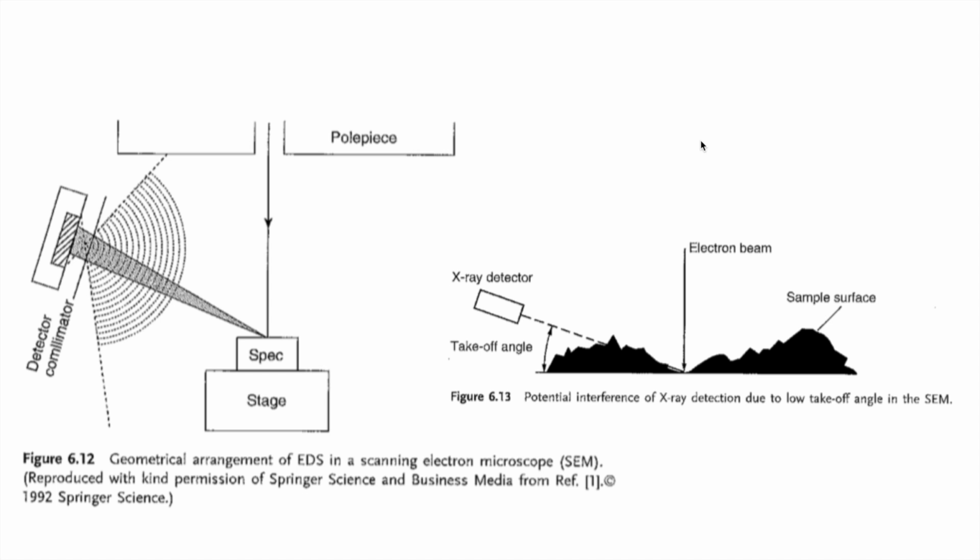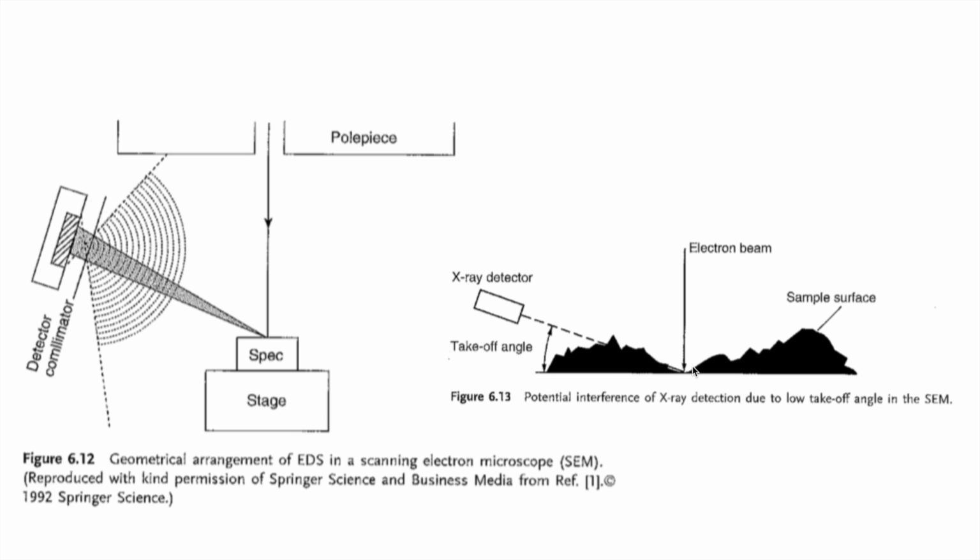If the electron beam is coming down perpendicular to the sample surface, and the detector is over here at this sort of low takeoff angle that you see, then the topography and the microstructure could cause some of the X-rays that are emitted from this region here to be absorbed or deflected or redirected by this hill feature over here.